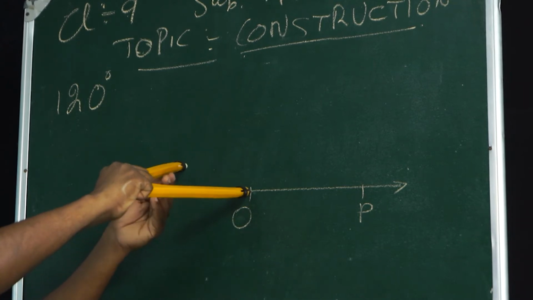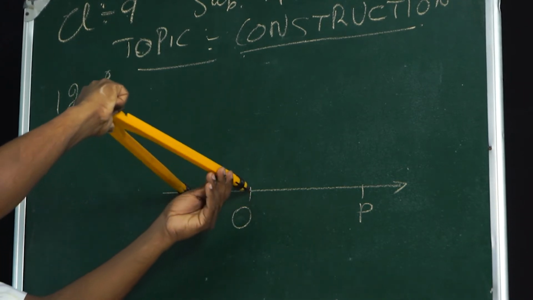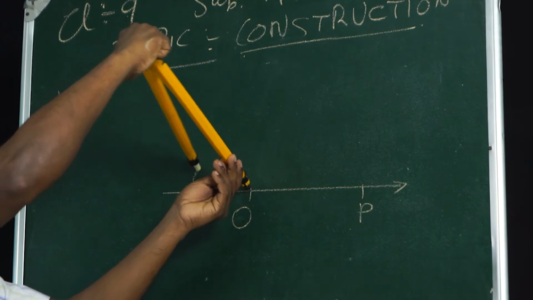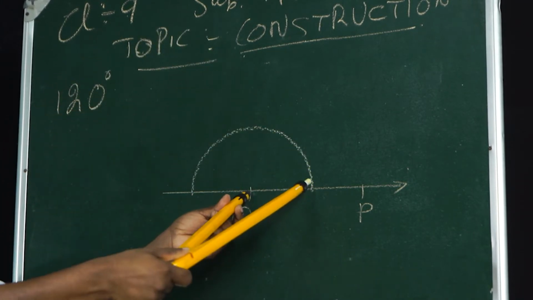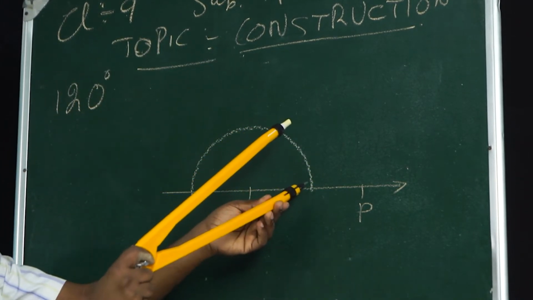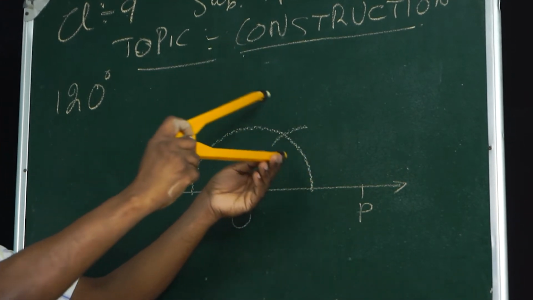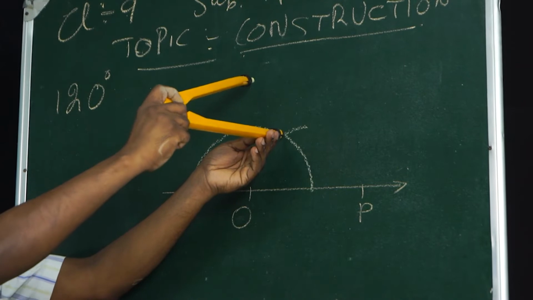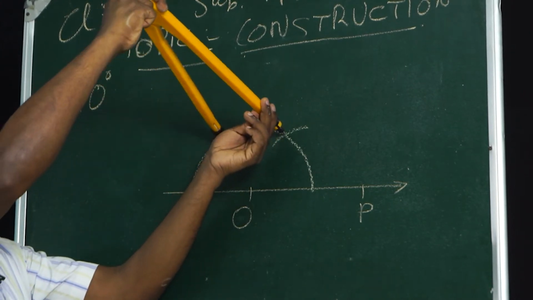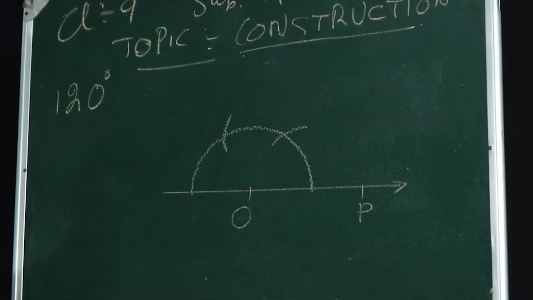From point O, draw a semicircle. Semicircle, okay? You know what is semicircle, right? Okay. Without changing, keep here, same. One arc, again, another arc. That's enough. Listen.